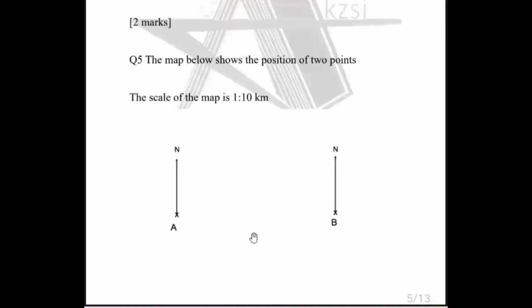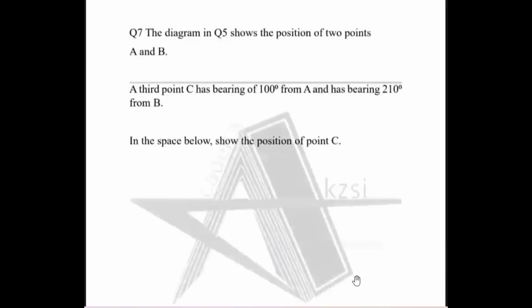It says a third point C has a bearing of 100 degrees from A. From A, that means we already have a line pointing towards north at A and from there we have to move 100 degrees. And then after moving 100 degrees, we have to draw a line. So let me draw this one.